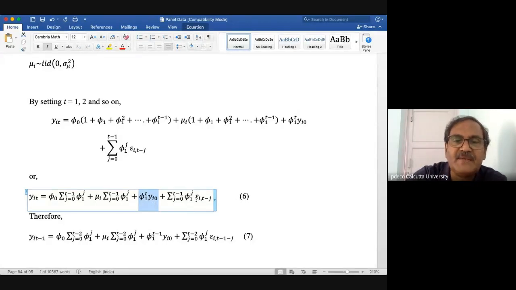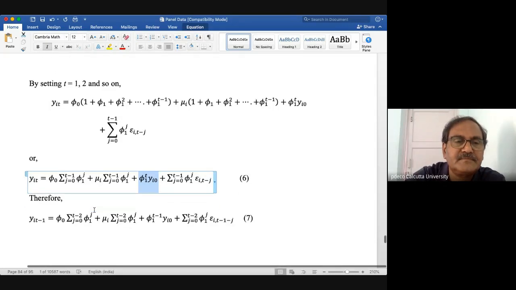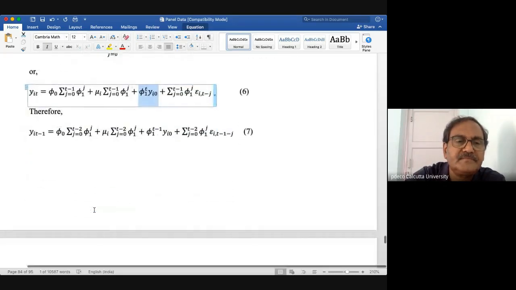And this part becomes sum of phi 1 to the power j epsilon I t minus j, j is equal to 0 to infinity. And you can get the sum of this series and this series as t tends to infinity.